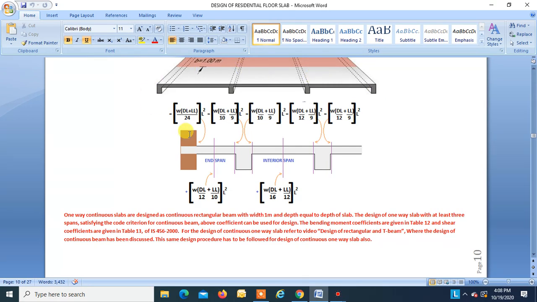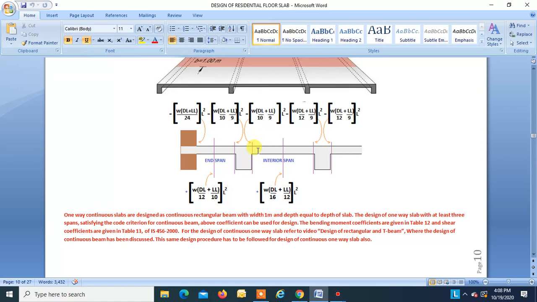For using these coefficients, it is a must that the criteria given in the code for a continuous beam should be satisfied. That is, there should be at least three spans, and the spans should not differ by more than 50% of the largest span, and so on.